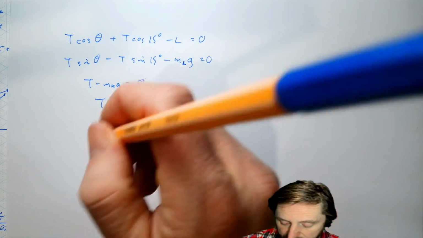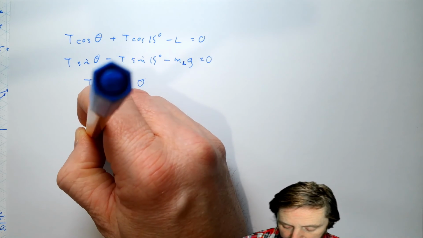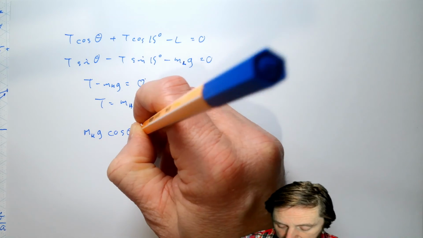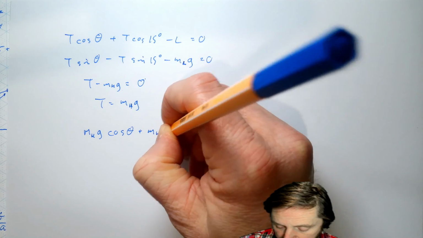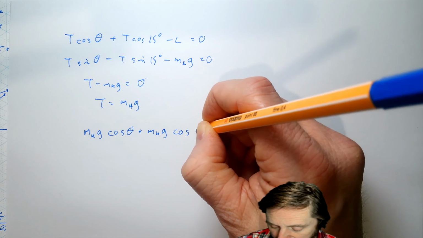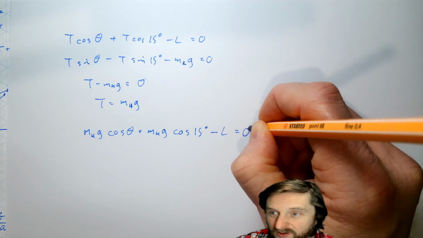So we substitute that back in. We're going to have m_H g cos theta plus m_H g cos 15 degrees minus L equals 0.